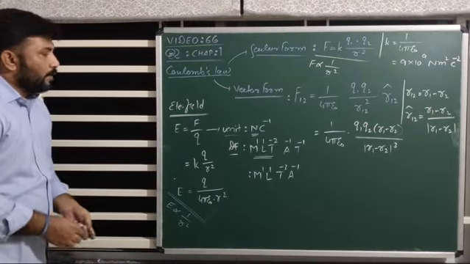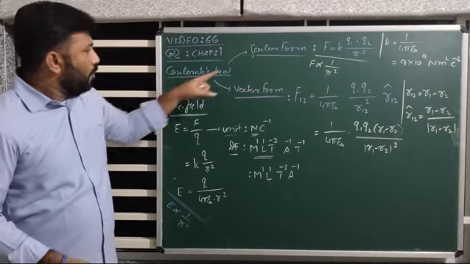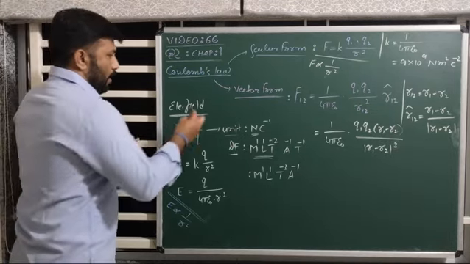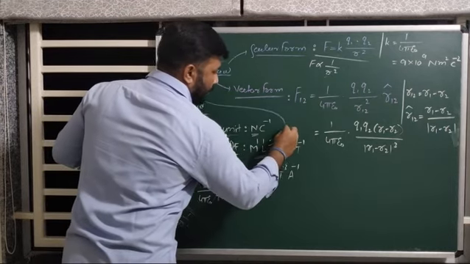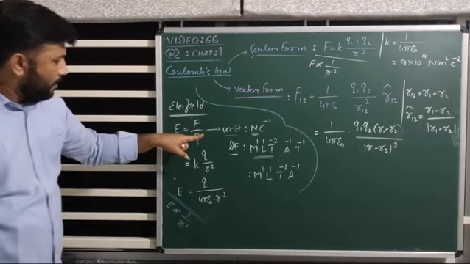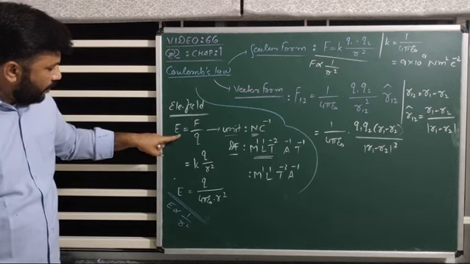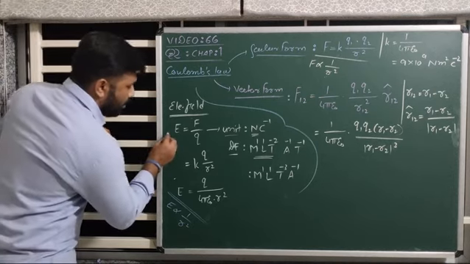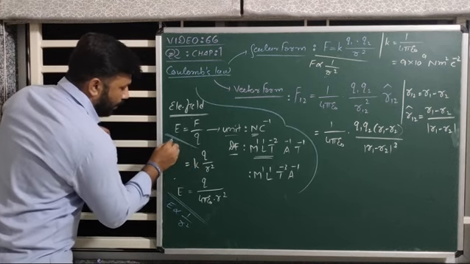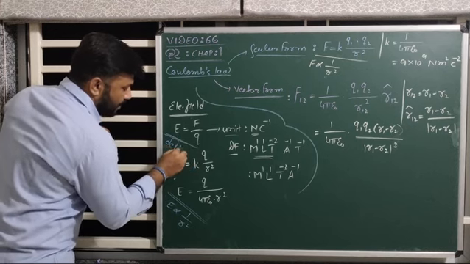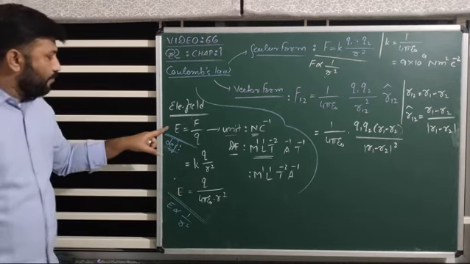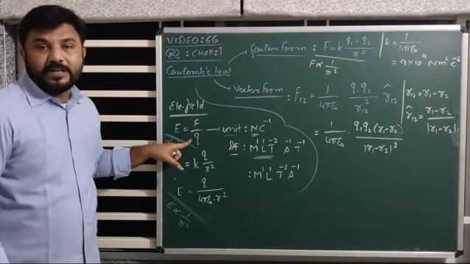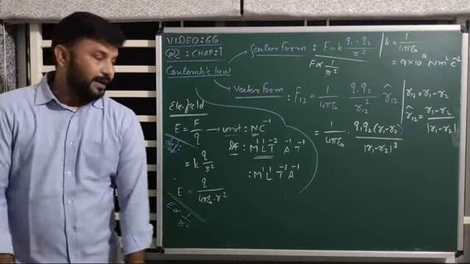Clear? So on the same board, about Coulomb's law, scalar form, vector form, and about the unit, dimension formula, equation. From the equation, what is the definition of electric field? From this you have to write the definition, and the definition is like this: Coulombian repulsive force acting on unit charge is the electric field.